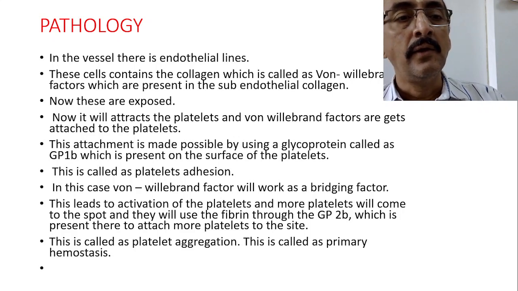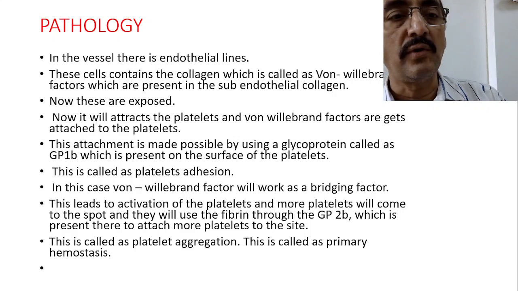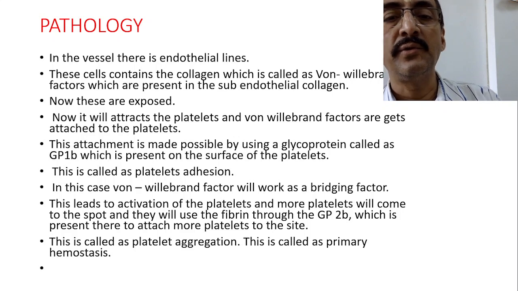This attachment is made possible by a glycoprotein called GP1B, glycoprotein 1B, which is present on the surface of the platelets. The von Willebrand factors released from the subendothelial collagen are going to attach to the platelets.